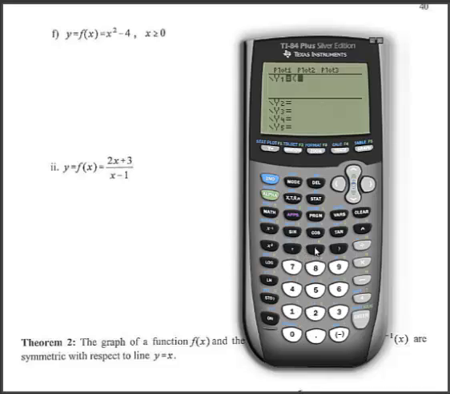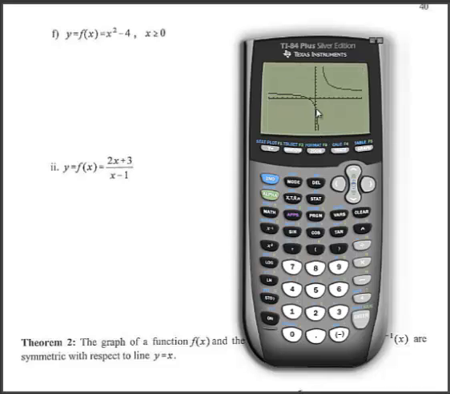Let's see, we will put in parentheses on the top, 2x plus 3, divided by x minus 1, graph.